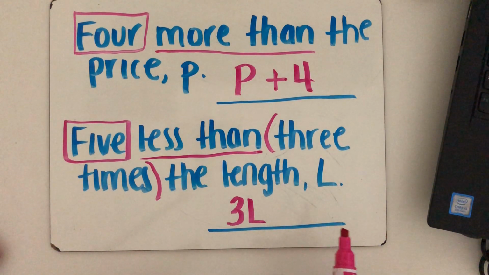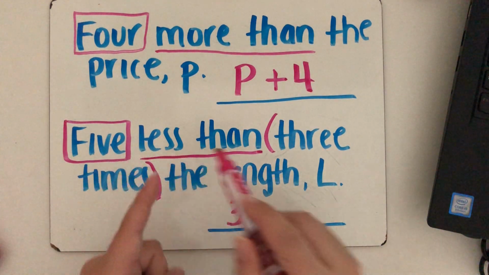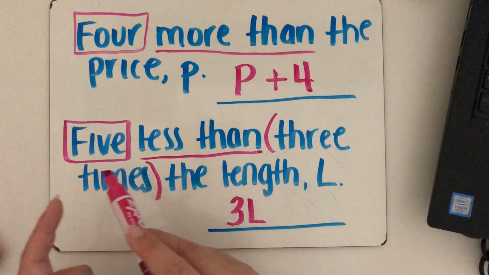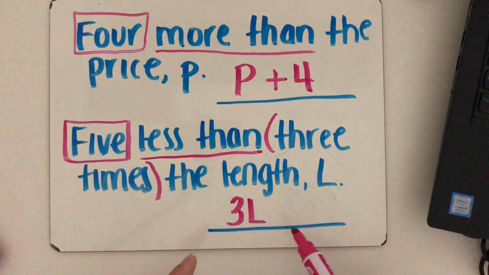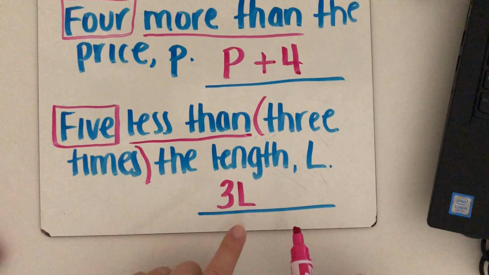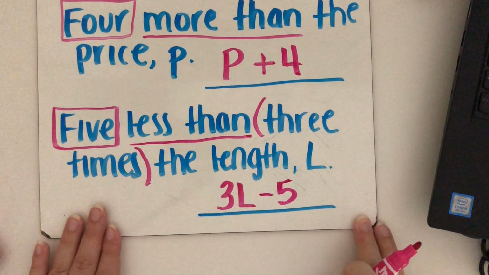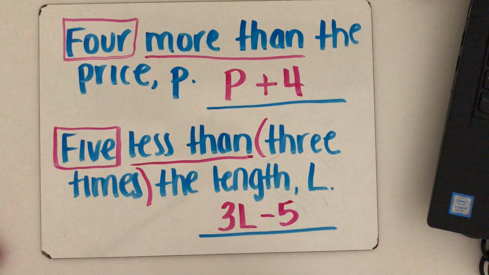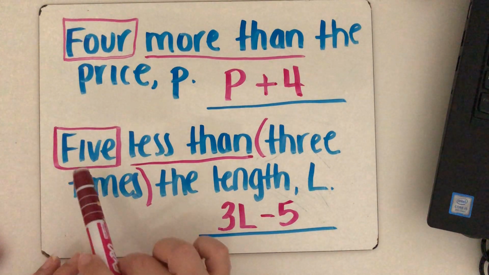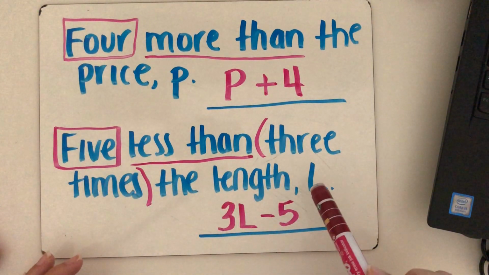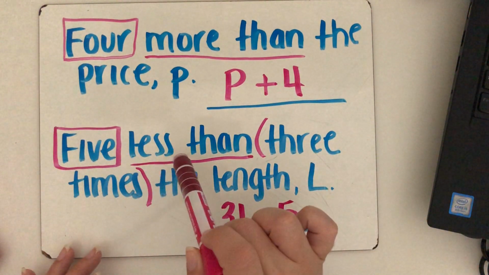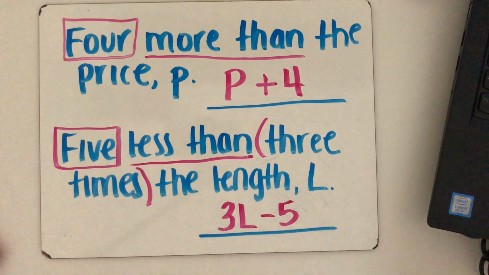Typically, it's not going to be in the order that it gave you. This says 5 less than 3 times the length, which means I'm dealing with 3L and then subtracting 5. That's always going to be the trickier one, because the way it's worded is the way you kind of want to put it in order, but it's really not. You have to look at it. So it wouldn't be 5 minus 3L. It's going to be 3L minus 5.